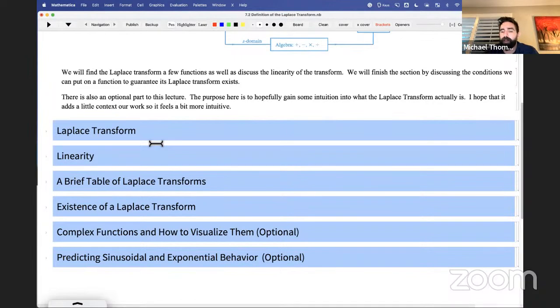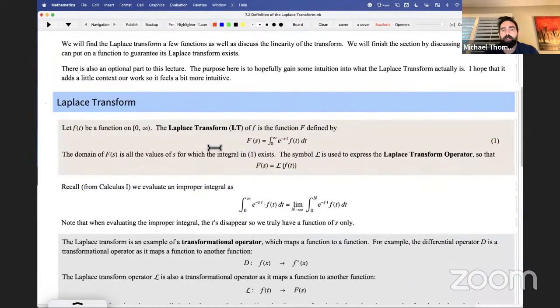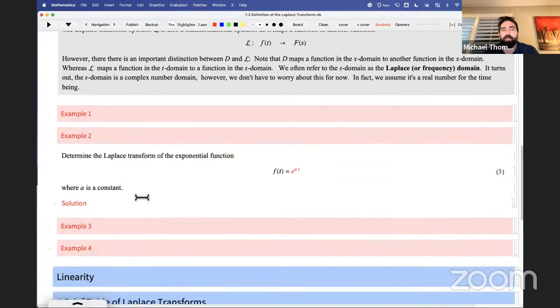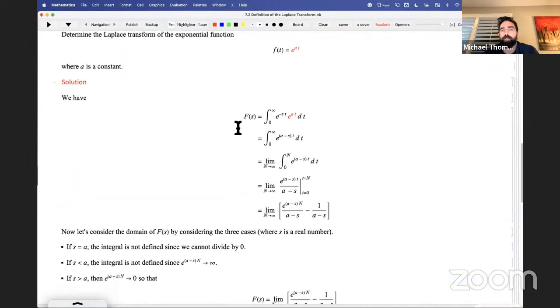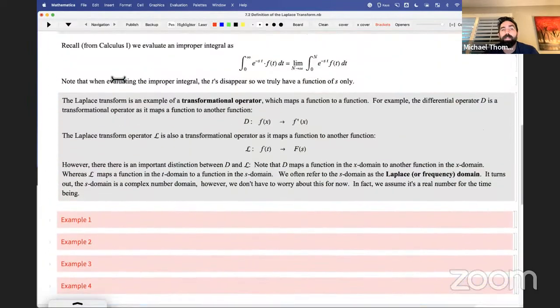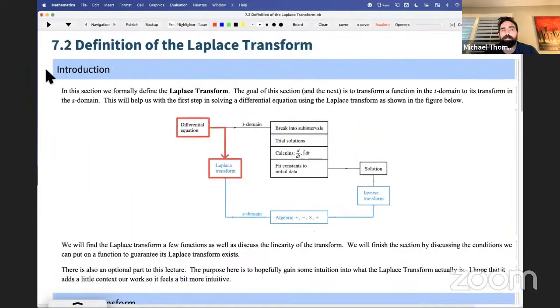I sent out an announcement about making sure to do the transforms by definition if they ask you to. If it says by definition, what they mean is to do it like we did in example 2, where you have to write out all this stuff. But pretty soon we can let that go and you can use the tables. But if it says use the definition, that's what they mean.